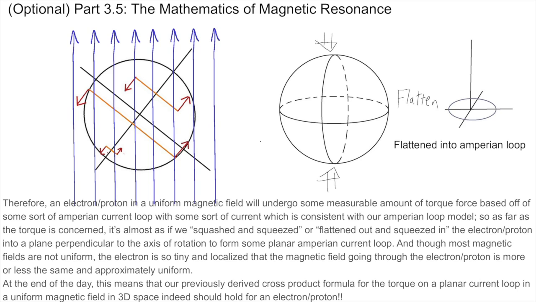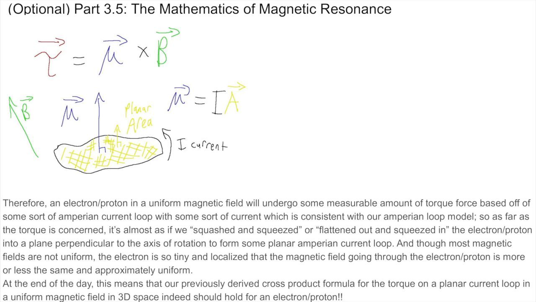And though most magnetic fields are not uniform, the electron is so tiny and localized that the magnetic field going through the electron or proton is more or less the same and approximately uniform. At the end of the day, this means that our previously derived cross-product formula for the torque on a planar current loop in a uniform magnetic field in 3D space indeed should hold for an electron or proton.